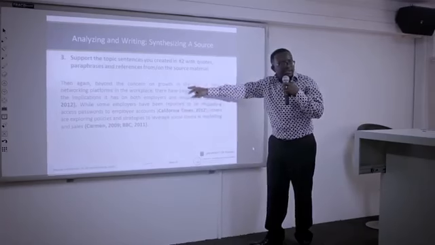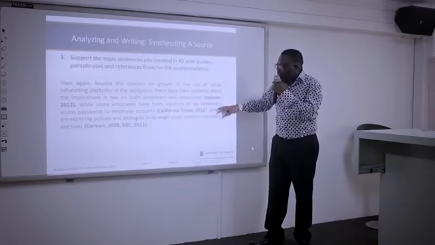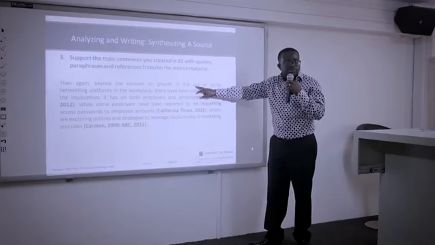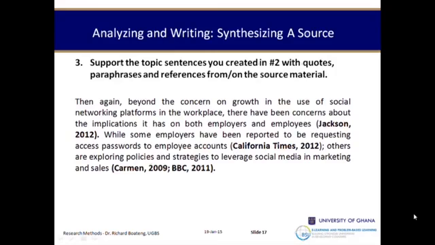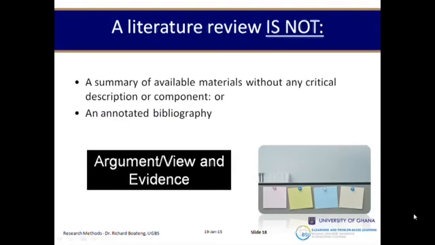Do you realize it? These two sentences are illustrations of this one. So in doing a good literature review, you need an argument, you need an illustration, and you also need evidence. Evidence comes from these references. So nobody will say, where did you take it from? Do you realize it? So argument, evidence, illustration makes a literature review.